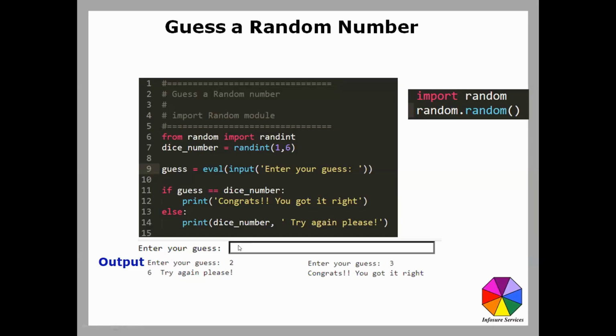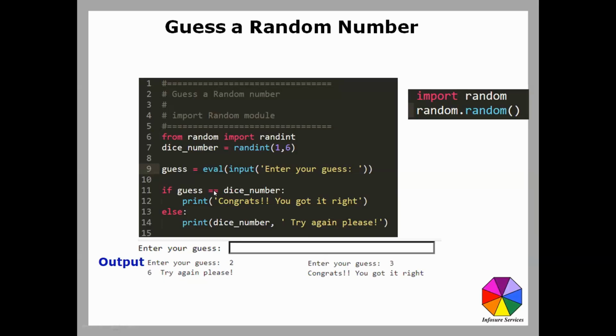Enter your guess. It will prompt and wait for you to enter a number. I entered a guess of 2, and the correct dice number was 6. Try again. It didn't match, so it came out here. Another time, I entered 3, and it matched the correct dice roll. It gives the output, congrats, you got it right. Is this clear?